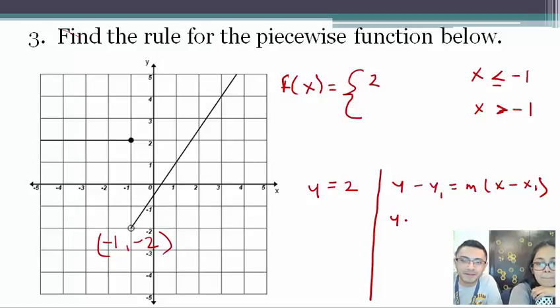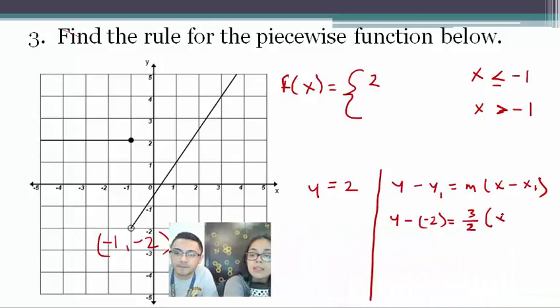So y minus -2 equals, the slope is rise 3 over 2, parentheses x minus -1.